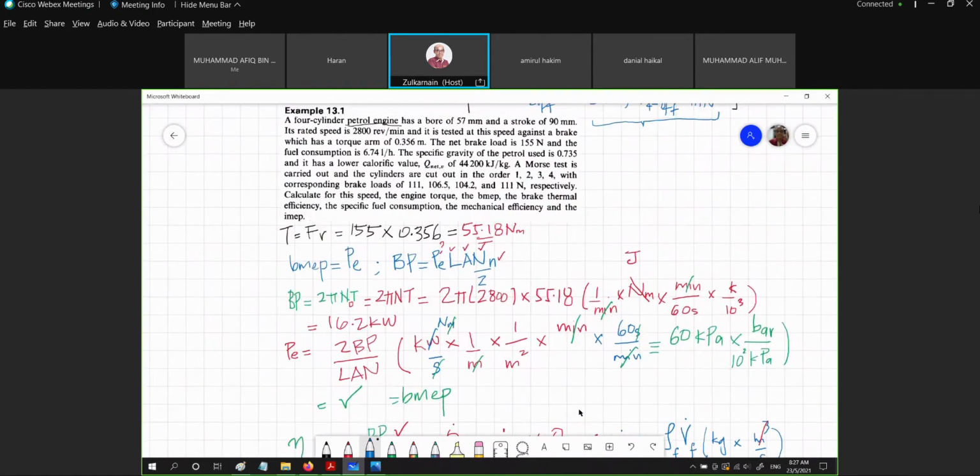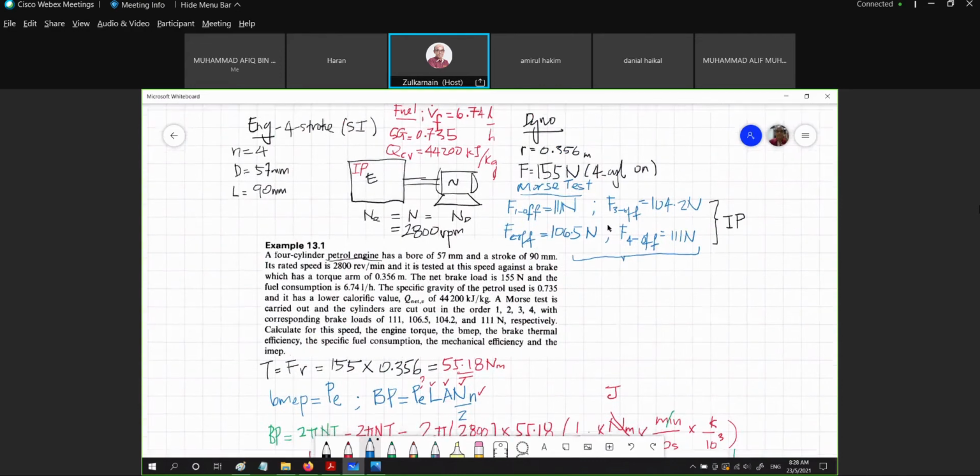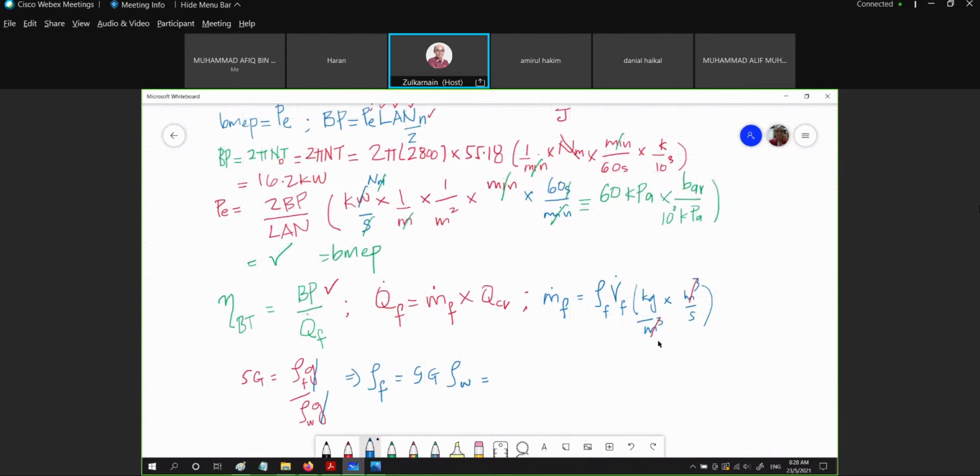Given the SG for fuel is 0.735, we get 0.735 multiplied by the density of water, which is 1000. So we get 735 kilogram over meter cube.